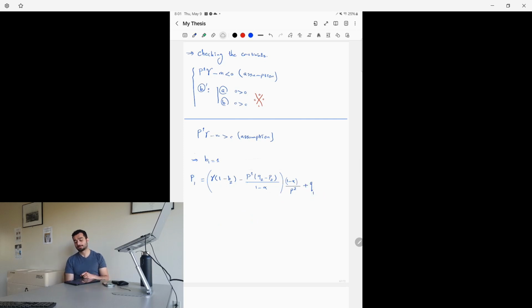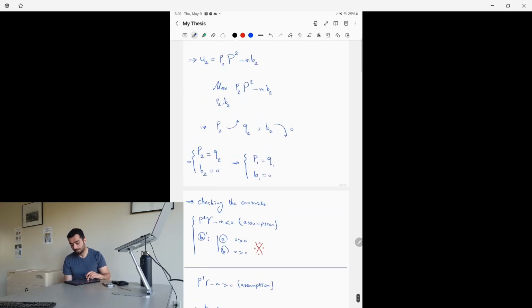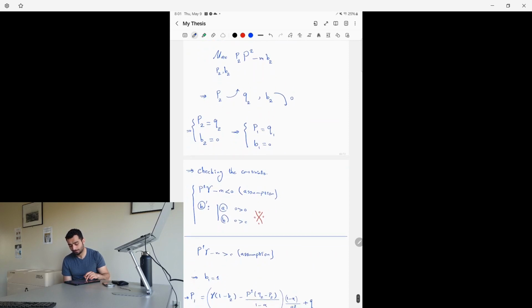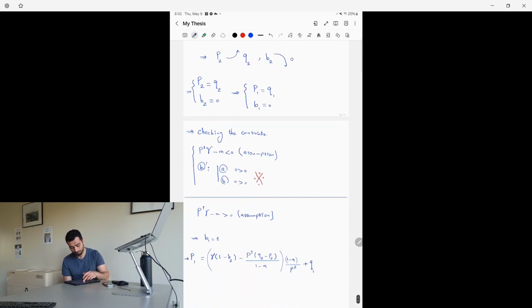P1 will be this. Now we want to maximize P2 to the maximum.